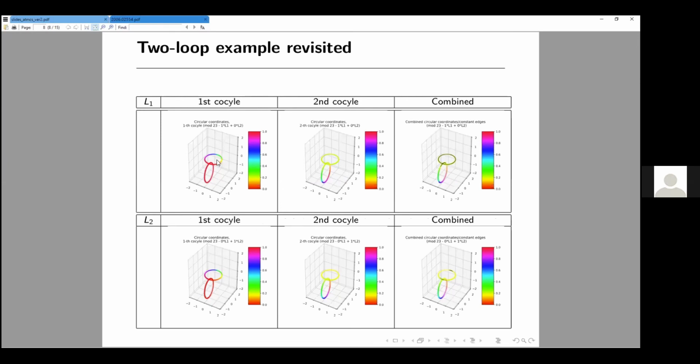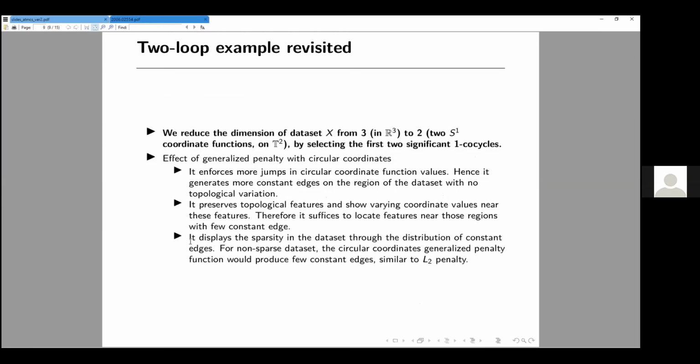For example, in the first significant cocycle, it only shows the variations for one cycle, and for the second cocycle, it only shows variation in the second cycle. And that's what we mean. For the sparsity, it will be better explained if we look at a real-world example. That is the third point here: it displays the sparsity in the data set. For this point, we're going to support our claim with the following example.